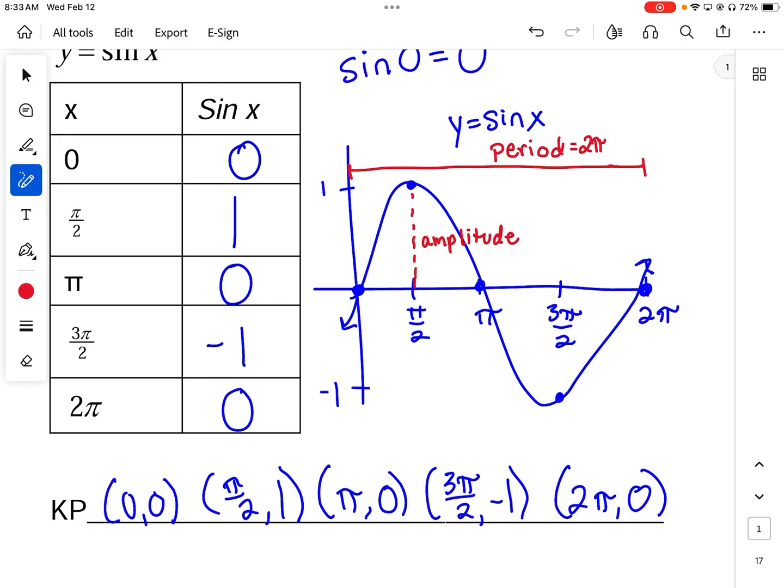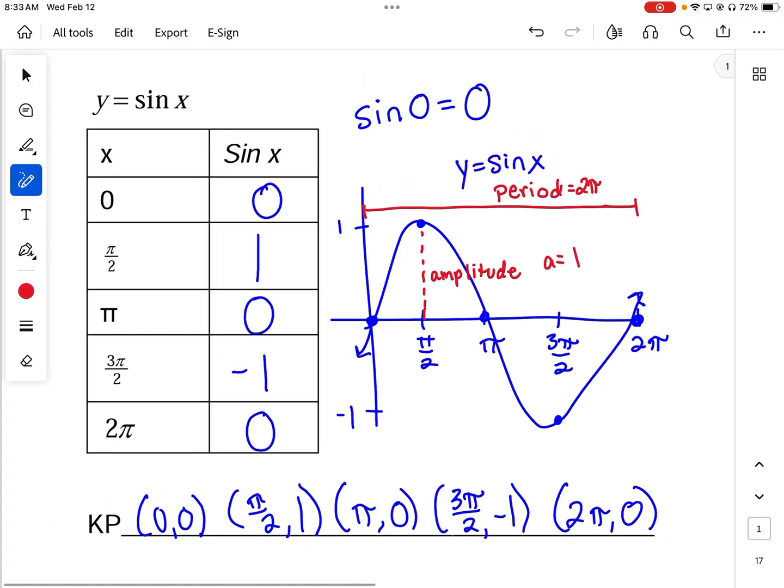So it's basically half the distance from the min and the max. For this, the amplitude, I'm going to call it A. A equals 1 because it goes from 0 up to 1. So it's measuring the y distance. So this continues to go up and down, up and down.